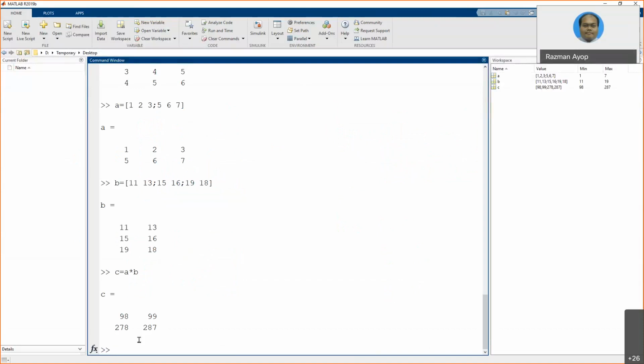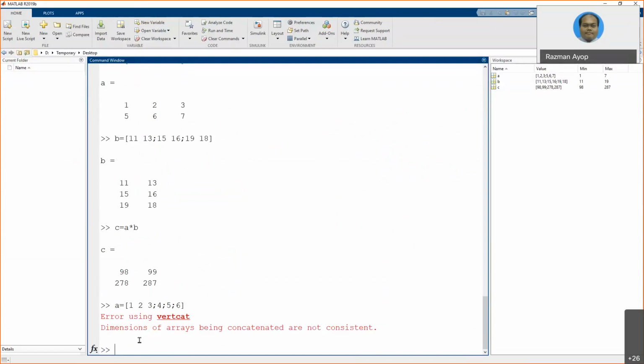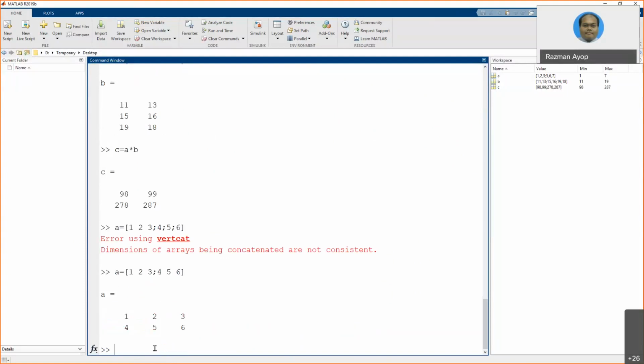So for example, A is equal to 1, 2, 3, 4, 5, 6. So B is equal to A transpose.